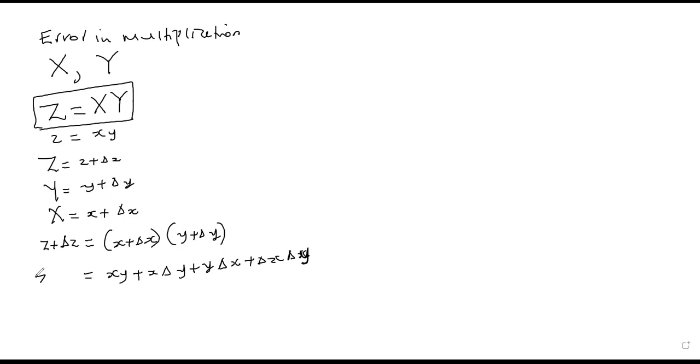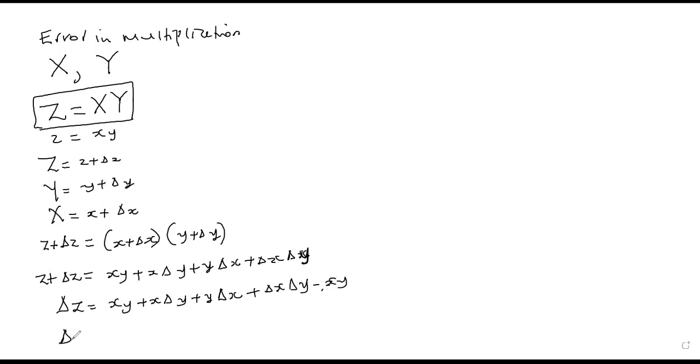All right, so this is our z plus delta z. So it means that our delta z alone is going to be equal to xy plus x delta y plus y delta x plus delta x delta y minus z, which is xy. These ones will cancel.